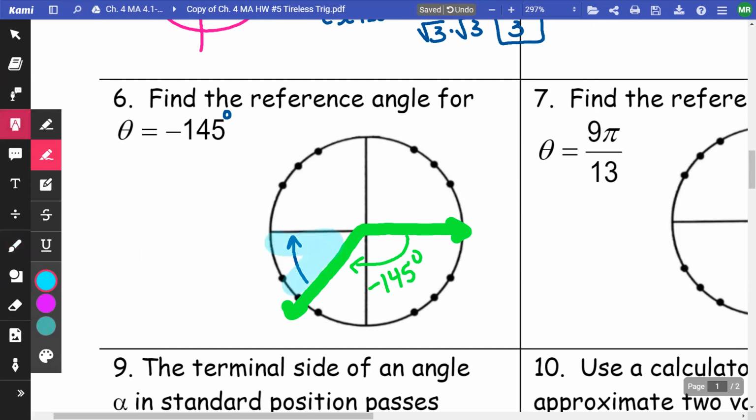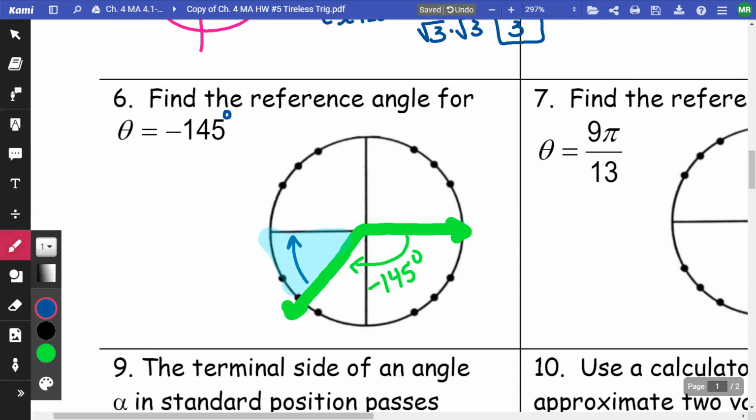So I am going to be taking 180 degrees, minus 145 degrees. And I am going to get 35 degrees. And that is our reference angle.